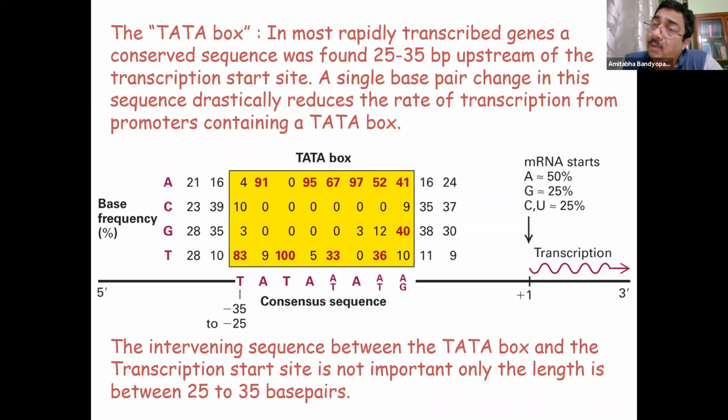So if the sequence is invariant, how can it bring about variation in transcription? Meaning, how can the promoter sequence dictate that this gene will be transcribed in liver but not in brain? That gene will be transcribed only in adult muscle but not in muscle progenitors.